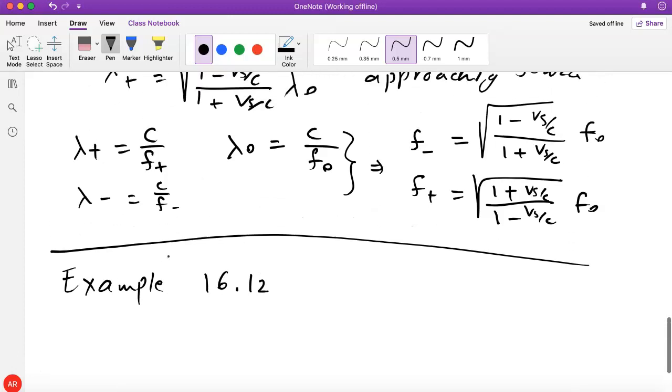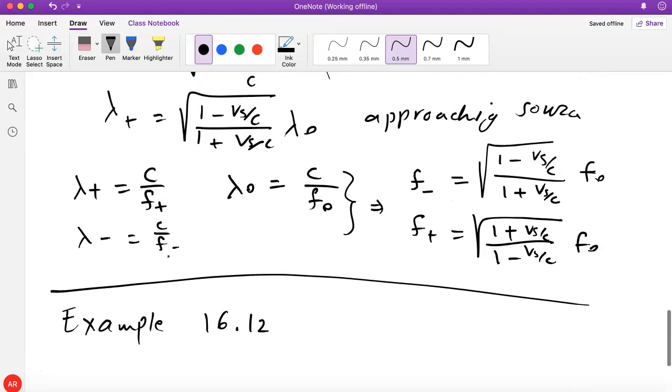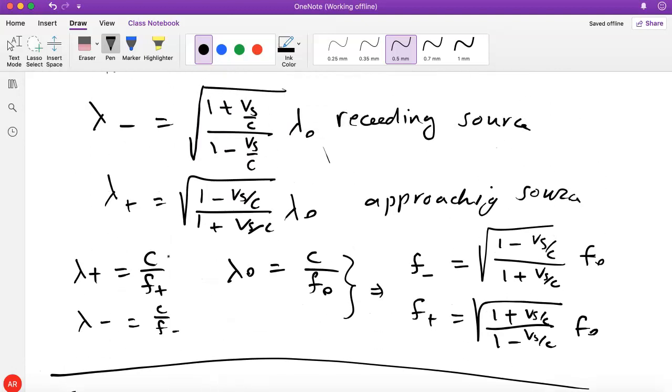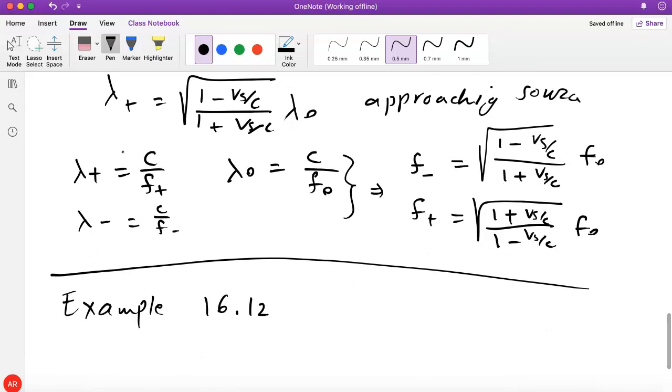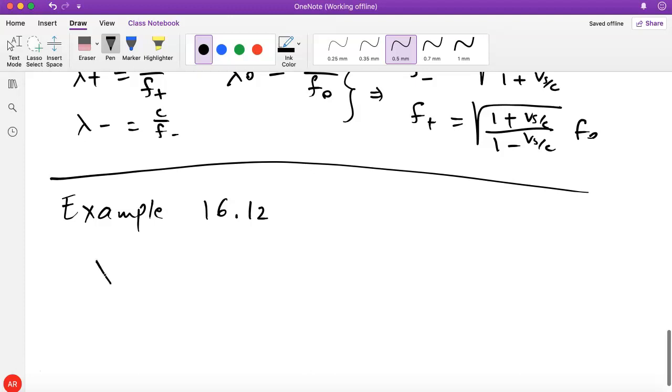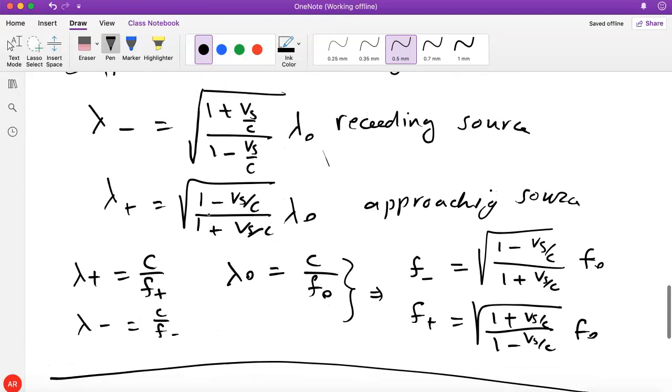So we have a source that's moving away. We're measuring a larger wavelength. It's a receding source, so that's the relevant equation, right? Lambda minus is the square root of (1 minus Vs over C) over (1 plus Vs over C). That's this coefficient over here.